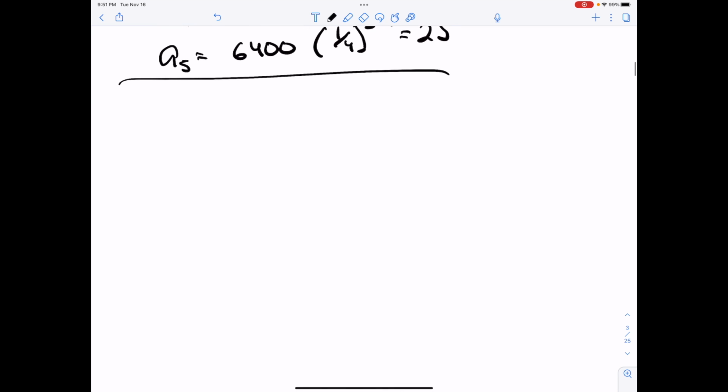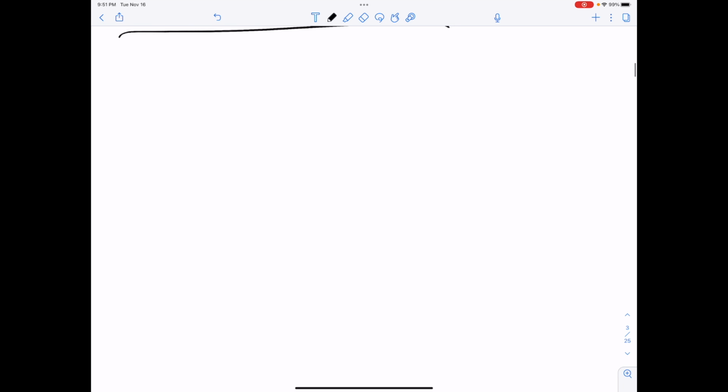All right, another example. Let's say you have a geometric sequence where a sub 2 is negative 18, a sub 5 is 486, and you're trying to find r and a sub 1.